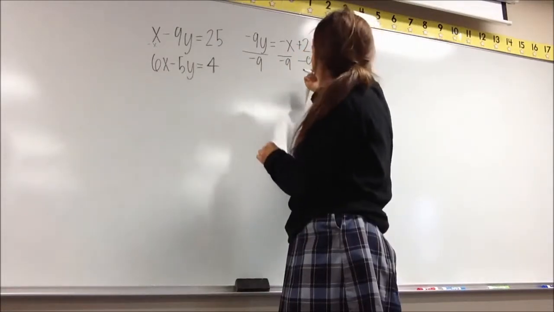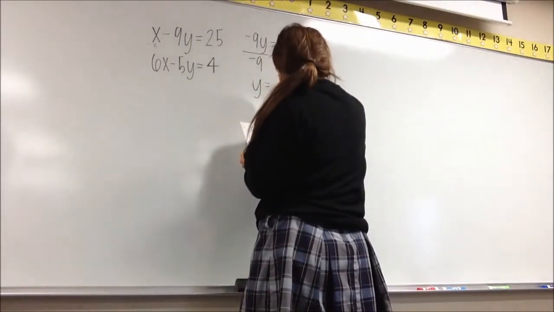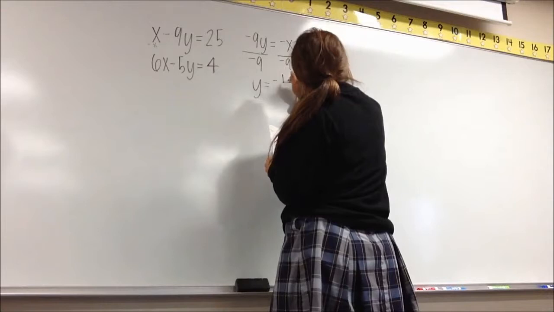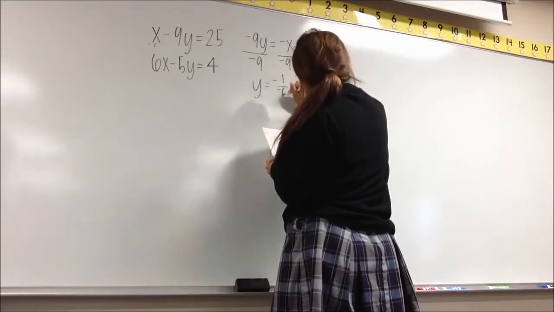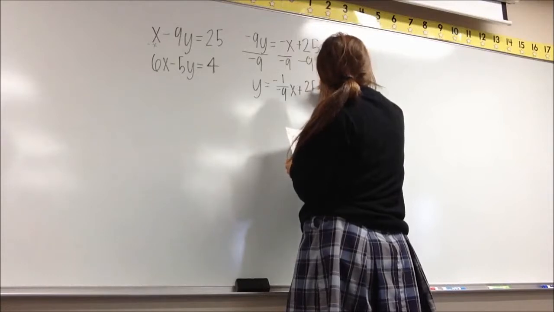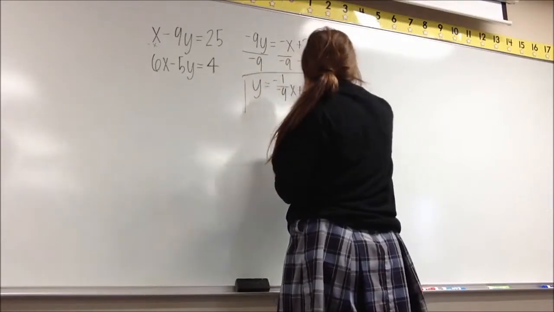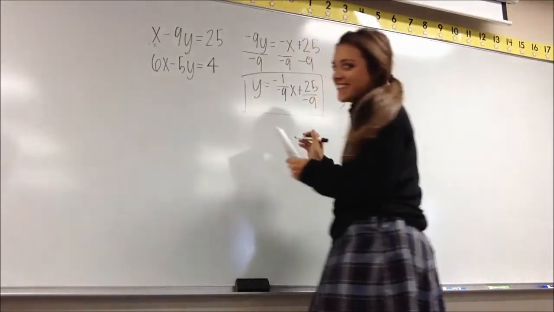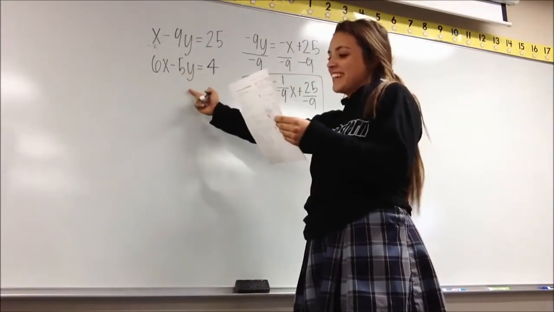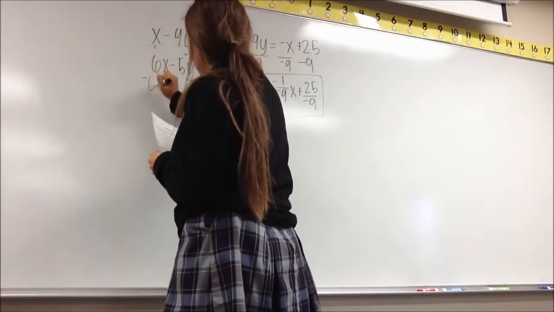And then that will equal y equals negative 1 over negative 9x plus 25 over negative 9. Next, for this one, we are going to subtract the 6x.